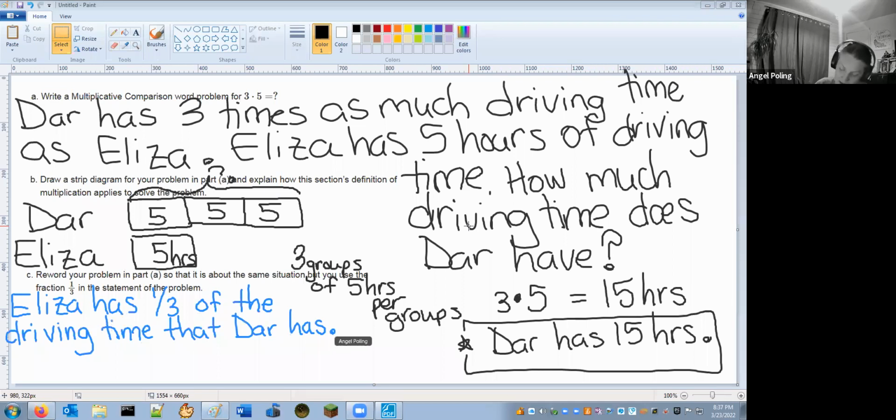That replaces our first sentence. And then everything else is the same. Eliza has 5 hours of driving.